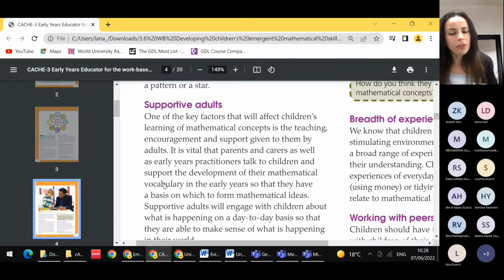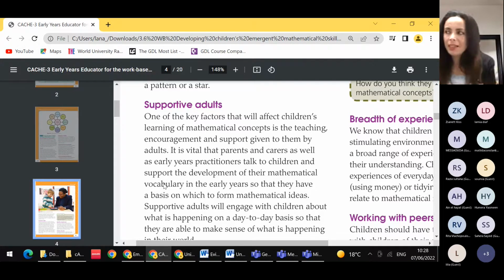Yes, so it's a very important thing that you become a supportive adult for the child to learn mathematical concept. Why? Because mathematical concepts are a bit challenging. They are difficult for them to remember. So we need to, when we teach them, get them engaged, encouraged, supported. So all this will give them the vital space to learn. It will encourage them.